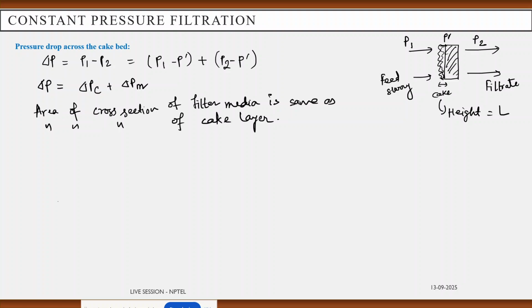Now, as the feed flows, it flows through the bed of solid particles, through the voids. So the feed slurry flows through the cake. It is assumed to be in laminar fashion.